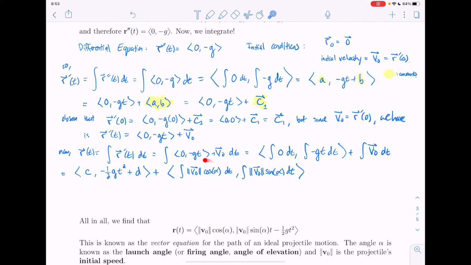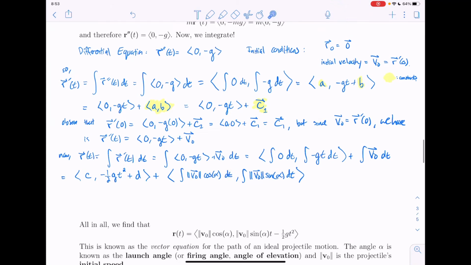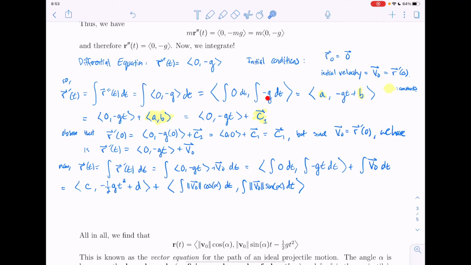So if I integrate a constant, there's no t's in here. If I integrate a constant with respect to t, what I'm going to get is, just like when I integrated all the way up here, when I integrated this g and it just spit out a t and a constant, each of these are going to get a t and their own constant.